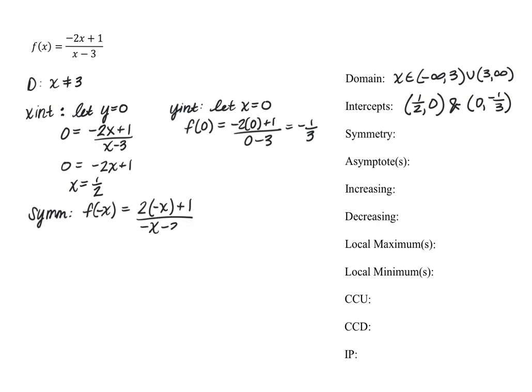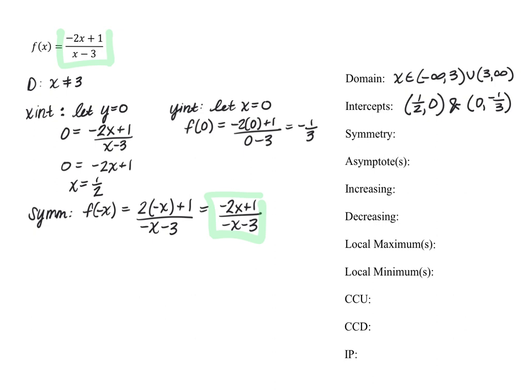So I'm subbing in negative x, and that's going to give me negative 2x plus 1 divided by negative x minus 3. So now I'm comparing this result with the original function up here to see if these are the same or if they are opposites or perhaps neither.